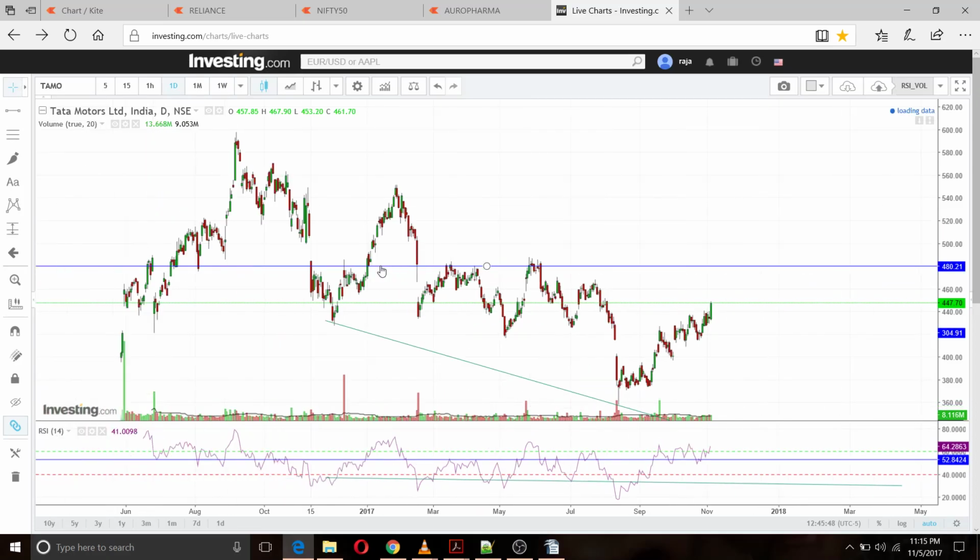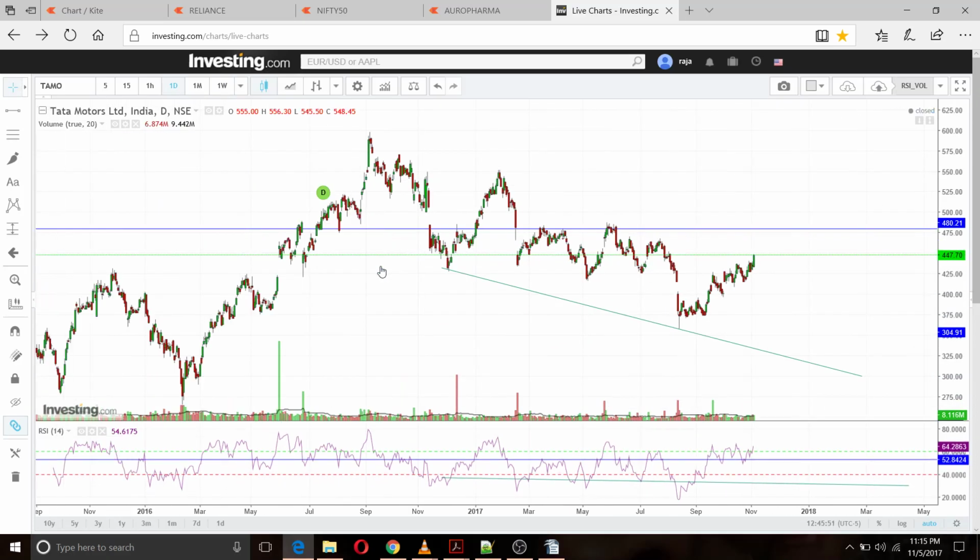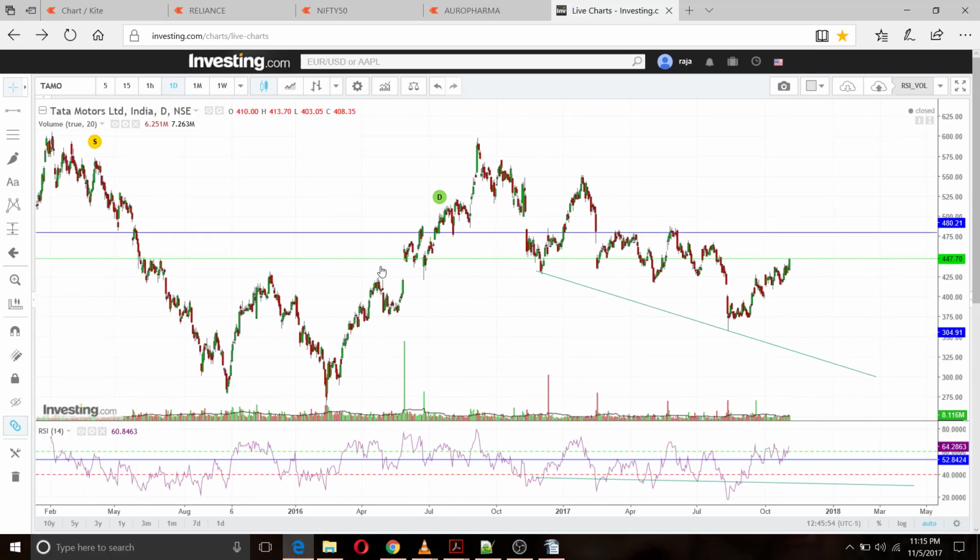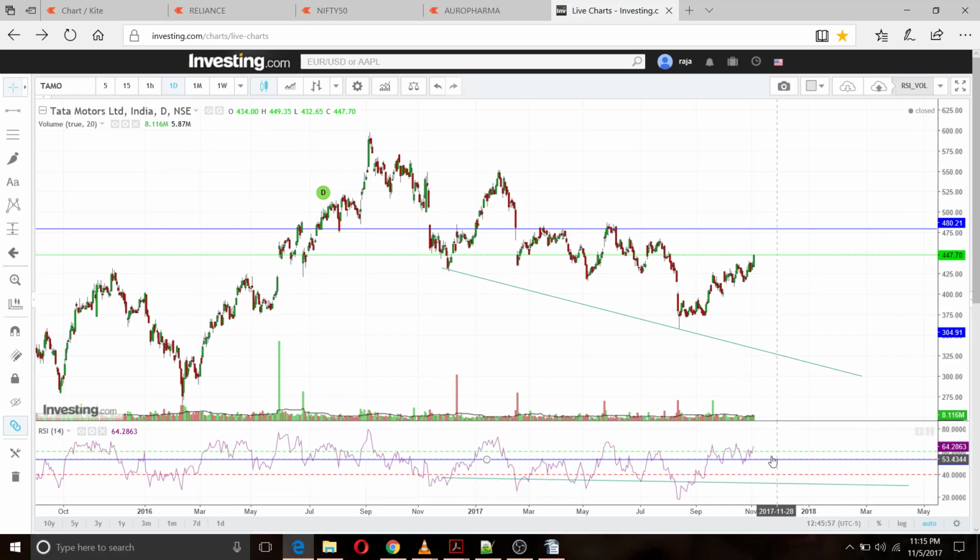If I see the daily chart, RSI has already gone above 60, so it is showing momentum, and possibly this long side trade will go on. You can place a stop loss of around 425 and go on the long side, and keep the first target at 470 to 480.